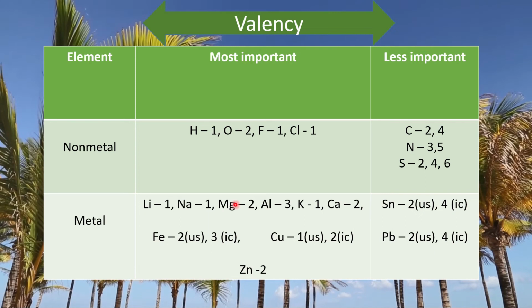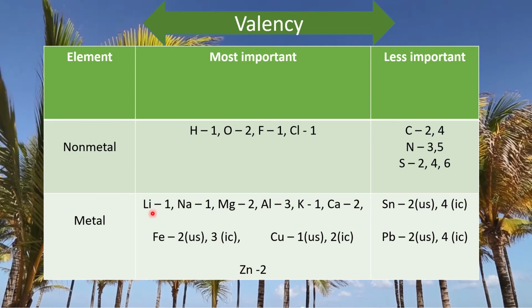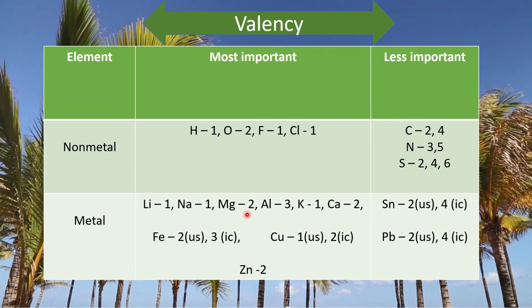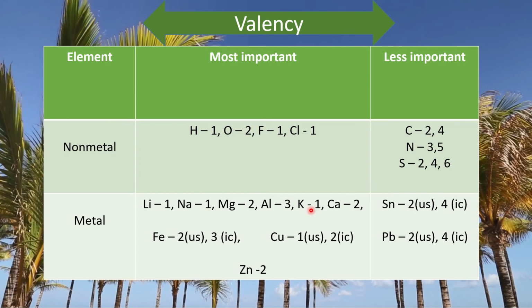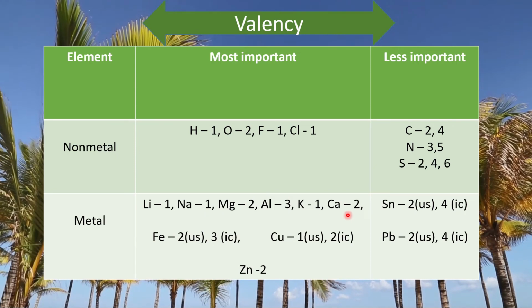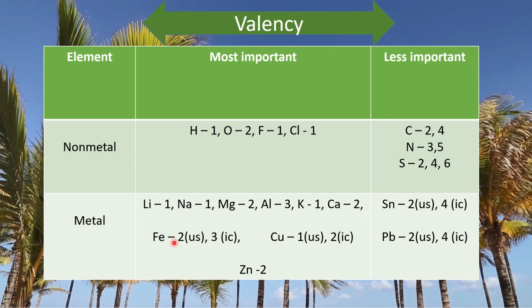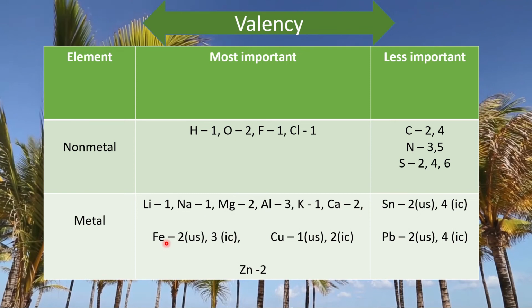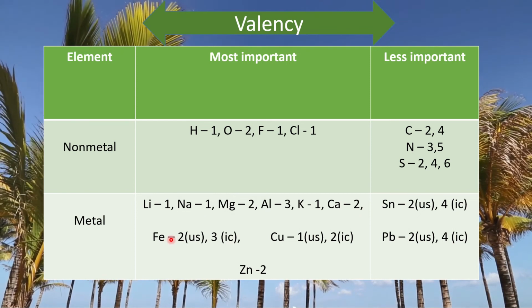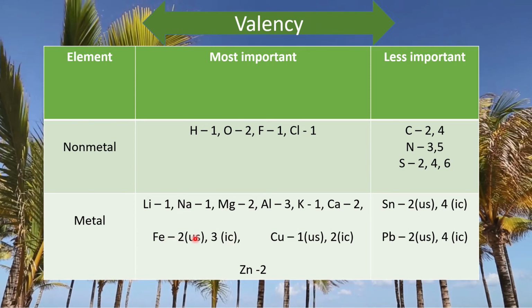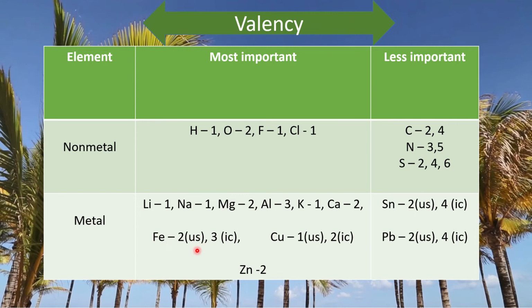Now, metals. This valency you have to memorize. Lithium 1, sodium 1, magnesium 2, aluminium 3, potassium 1, calcium 2, iron 2 and 3. When 2 is used as the valency of iron, then the name of the compound will be ferrous, and when 3 is used as valency, then the name of the compound will be ferric.